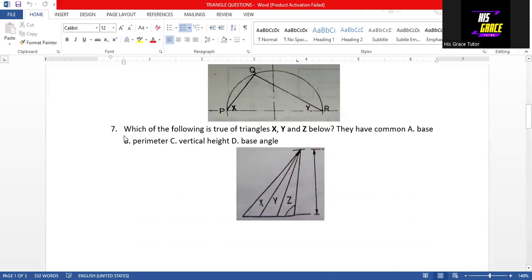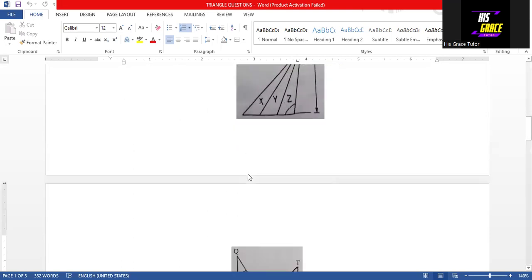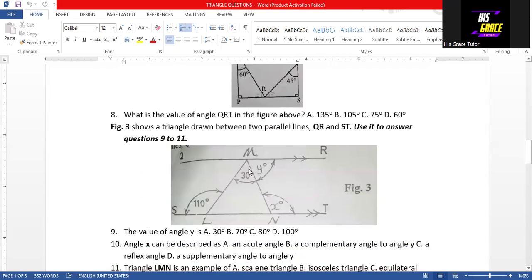Then question 7 says that which of the following is true of triangles X, Y, and Z? So these triangles X, Y, and Z, they have common vertical height. So that is option C is the answer to this question. Then let's go to question 8.